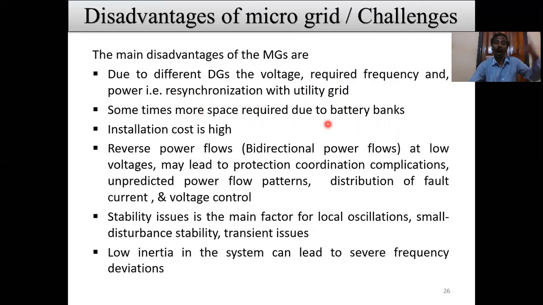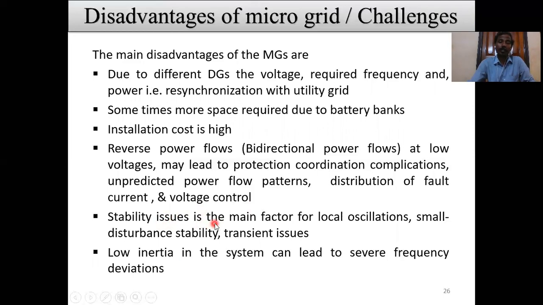Installation cost is high. Reverse power flow, or bidirectional power flow at low voltage, may lead to protection coordination complications, unpredicted power flow patterns, distribution of fault current, and voltage control issues.